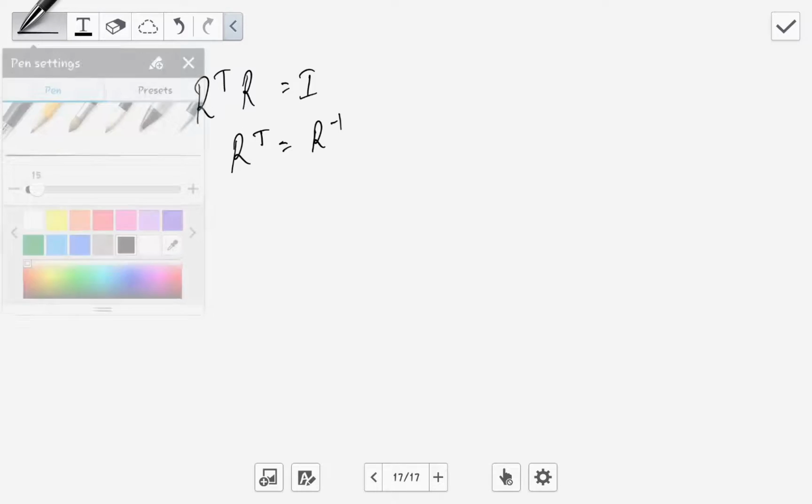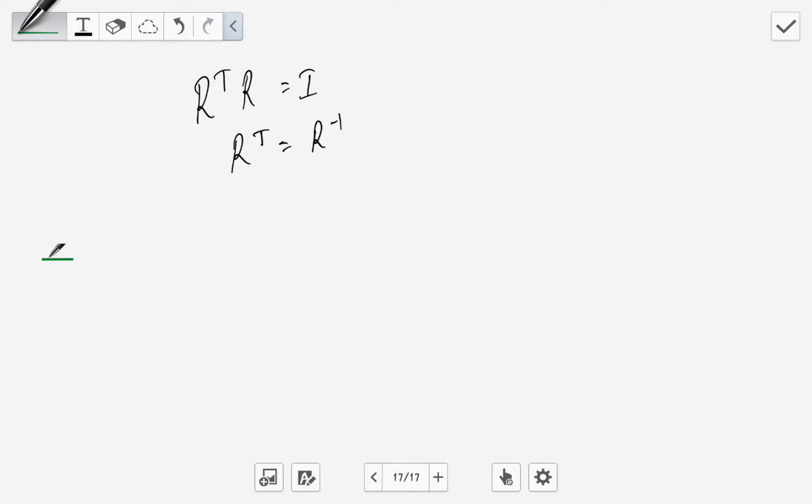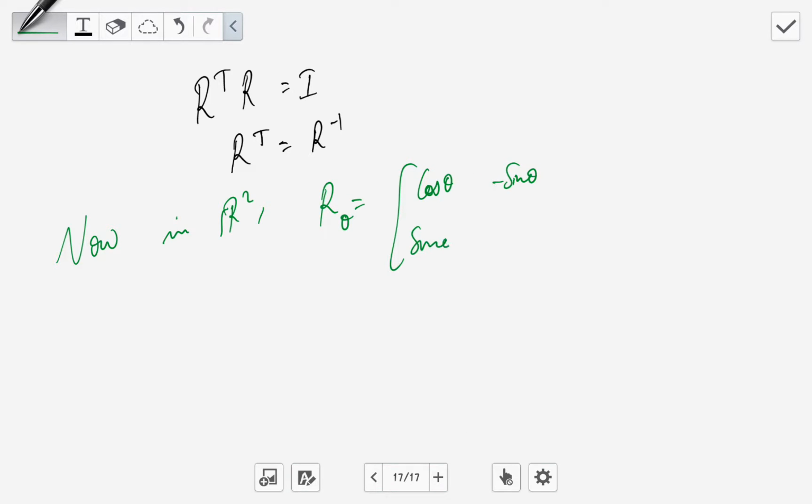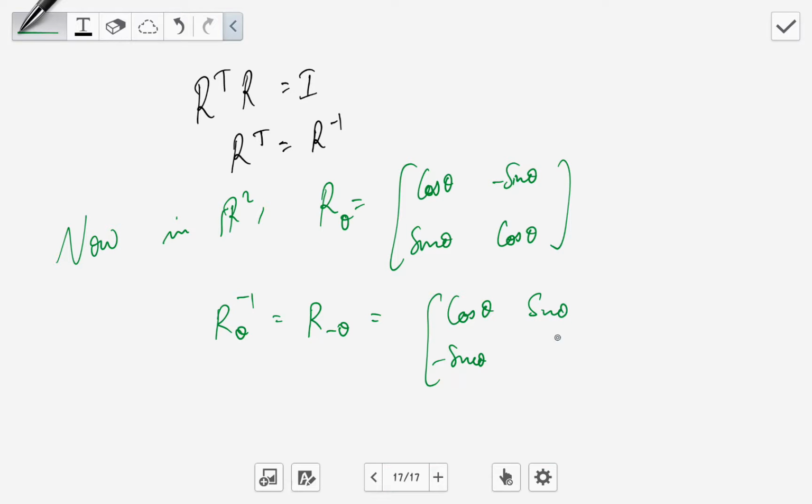Now I said I'll tell you something. Now say in R2 you have the rotation matrix for theta, R theta, as cos theta, minus sin theta, sin theta, cos theta, and R of minus theta, which is the inverse, R theta inverse, is cos theta, sin theta, minus sin theta, cos theta.